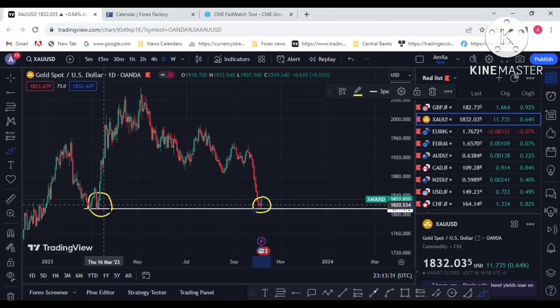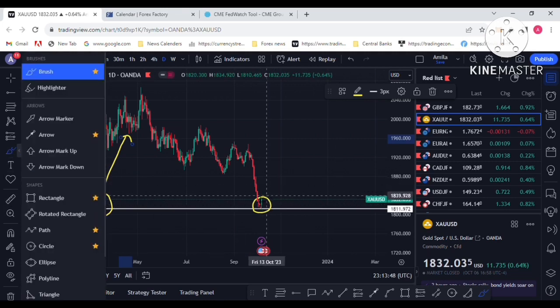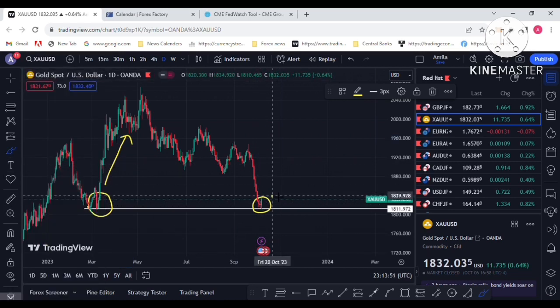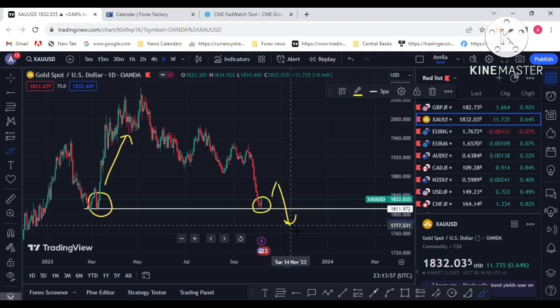So there's a bias on the left side, and buyers will be active next week. I am hoping the price will retrace to the upside. That is the forecast for next week: a retracement to the upside and then a drop again.